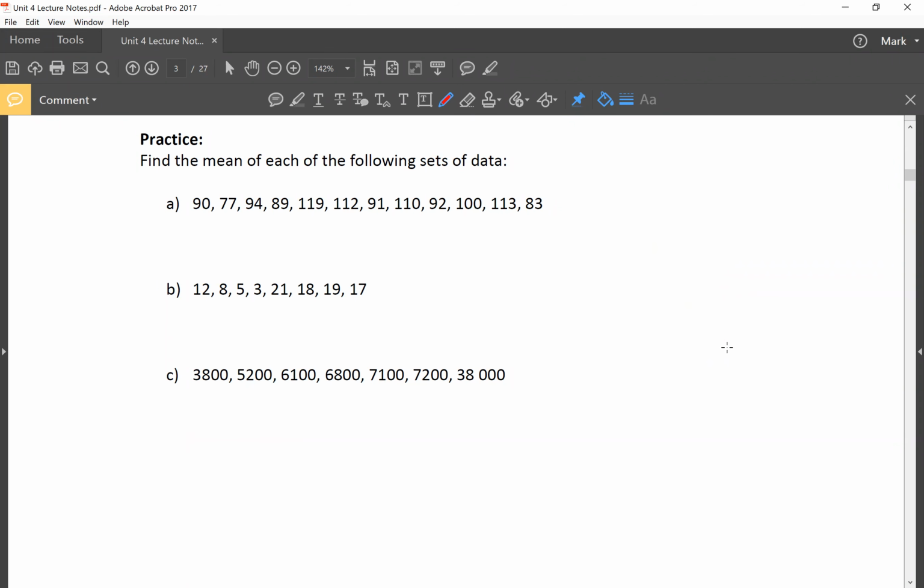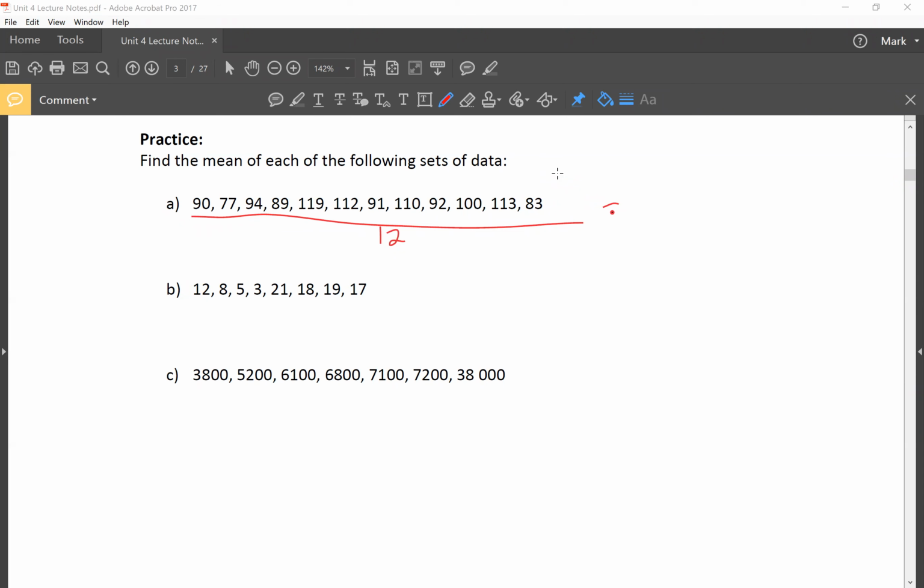Okay, so for number A, you add up all of the numbers on the top, which I'm not going to do. Like, I'm not going to rewrite them all, but then we would divide them by 1, 2, 3, 4, 5, 6, 7, 8, 9, 10, 11, 12. Okay, and you would get that answer. What do people say in the chat?